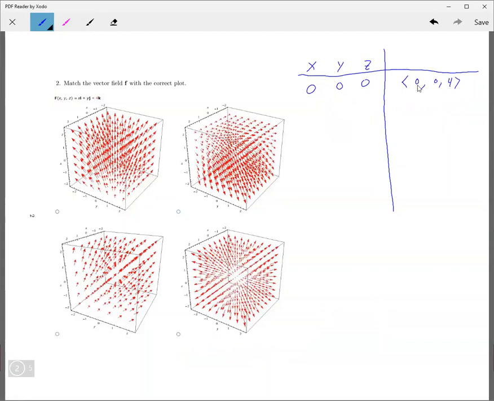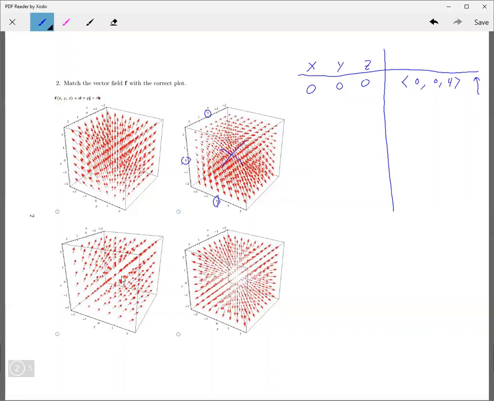So that means that when you're at the origin, which is, I think, in the very middle of this, yeah, because here's 0, here's 0, here's 0. So you're somewhere in the middle of this, kind of hard to tell. Your vector should be pointing straight up, parallel to the z-axis, and these don't, so that can't be it.